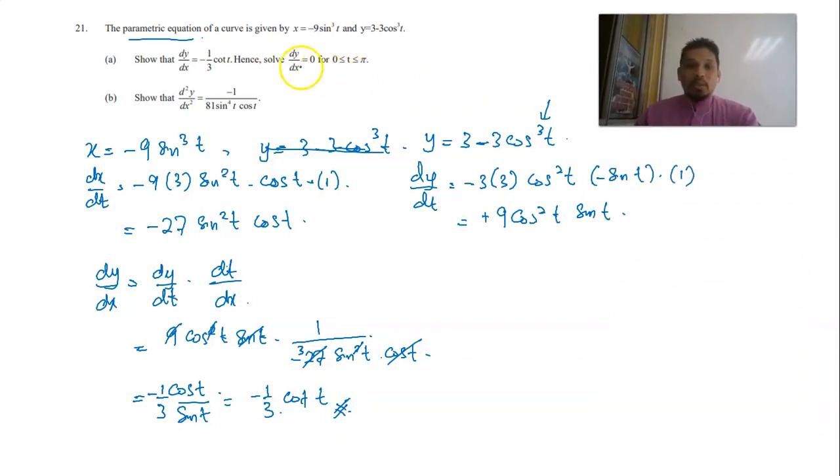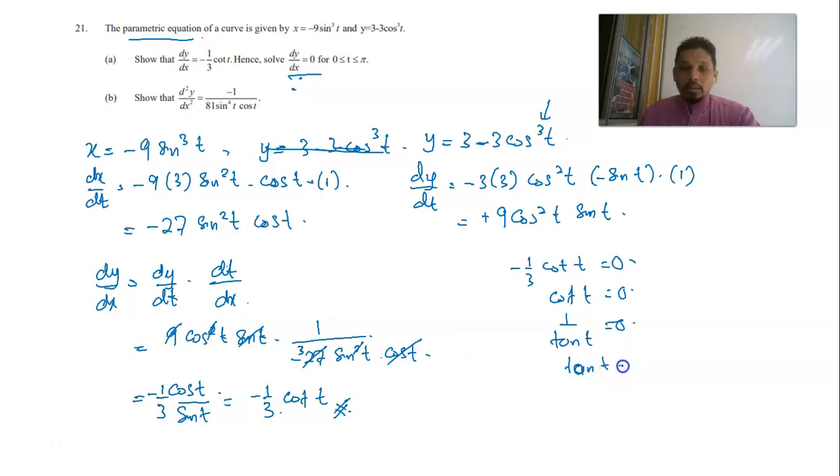The question wants us to solve dy/dx equal to 0. Negative 1 over 3 cotangent t equal to 0. Multiply with 3, still cotangent t equal to 0, and cotangent is 1 over tangent t, so tangent t is equal to 0.